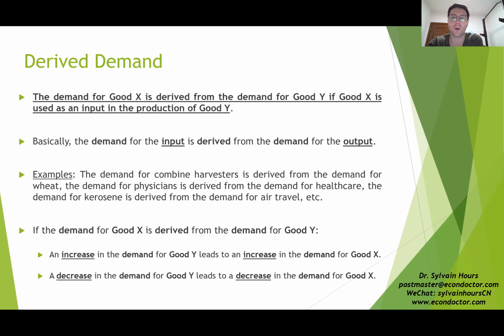We'll see that on the diagrams, and therefore, if we want to produce more, we need more inputs. So the demand for the inputs will increase. However, if the demand for the output decreases, we want to produce less. And therefore, the demand for the inputs will also decrease.